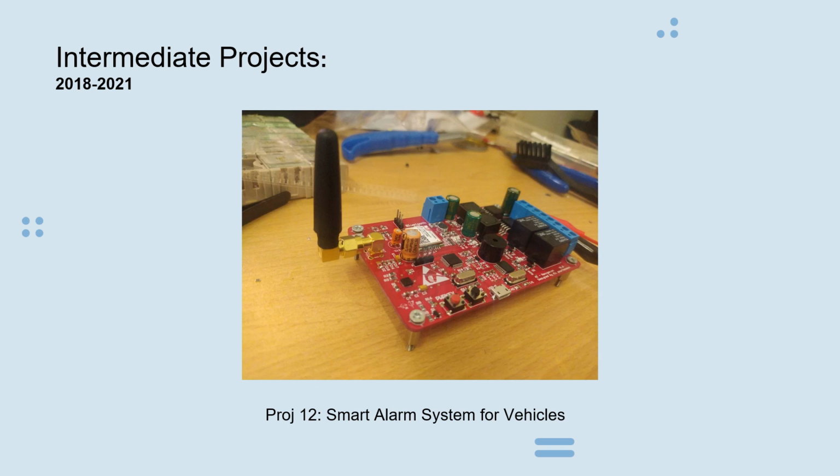So with this device installed in your vehicle, you can control it with SMS or internet to turn it on and off. And if your vehicle is stolen, you can track it and control it. For example, you can turn it off. It's a kind of smart alarm system for old vehicles that I designed.